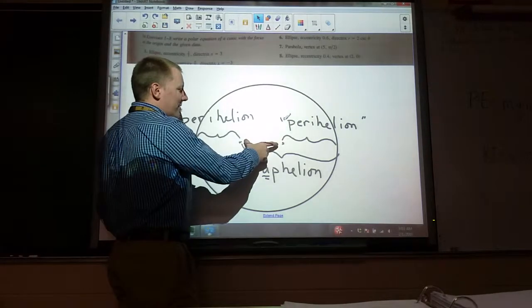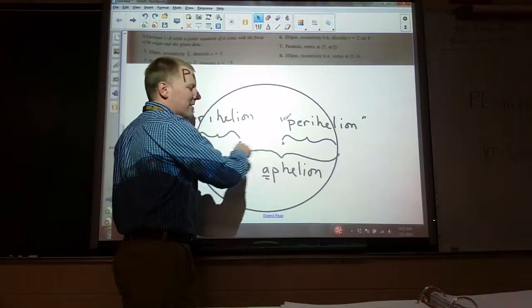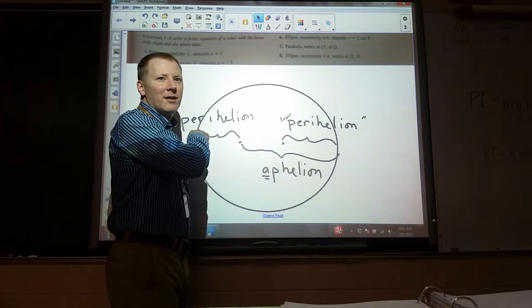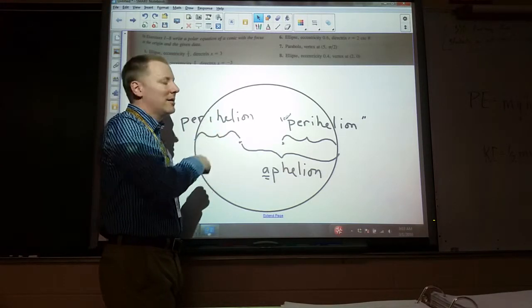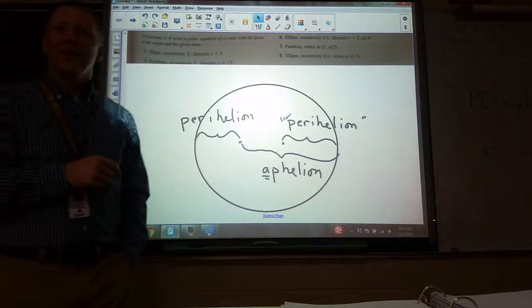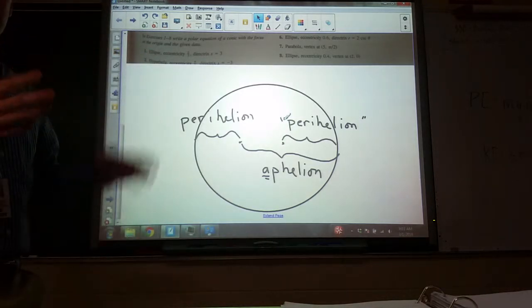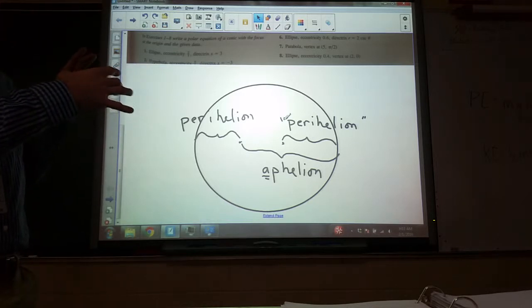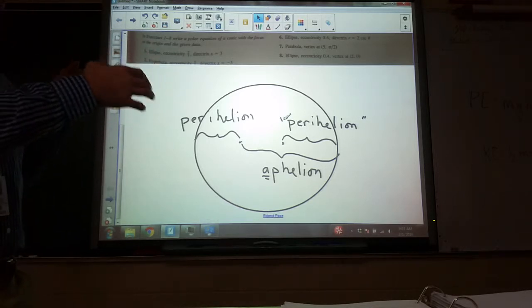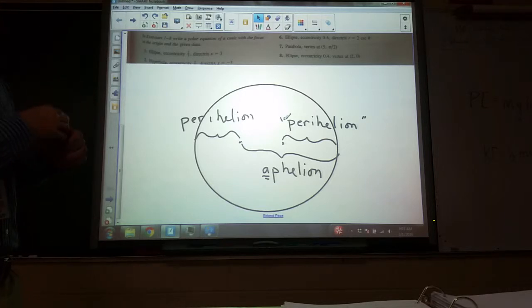And so if you take the difference of these two, you find the distance from the one focus to the other. I don't remember what that value ends up being, but it gives you an idea. And the more elliptical the orbit, the farther that's going to be. Pluto has quite an elliptical orbit, for example, and so it's going to be much greater.